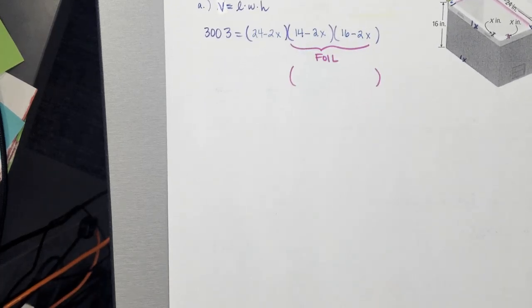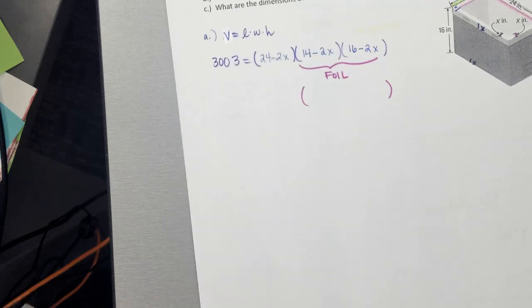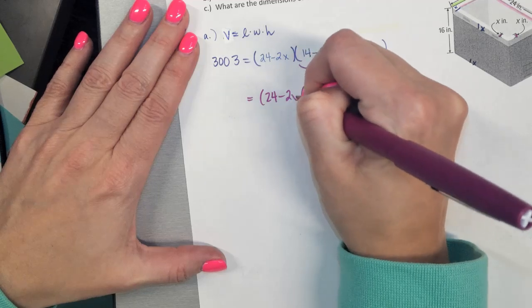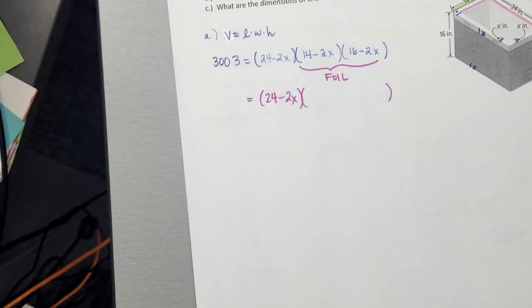You can use your calculator to multiply those larger numbers, that's fine. Let's foil that, and then when you're ready, you can distribute.